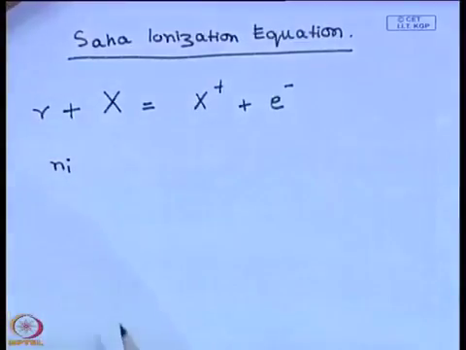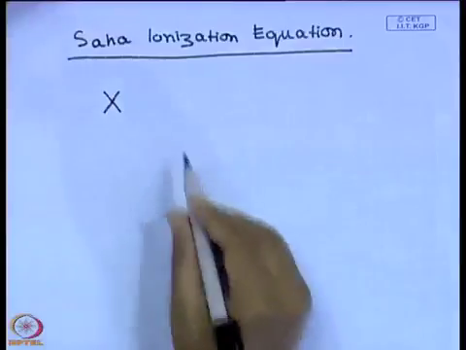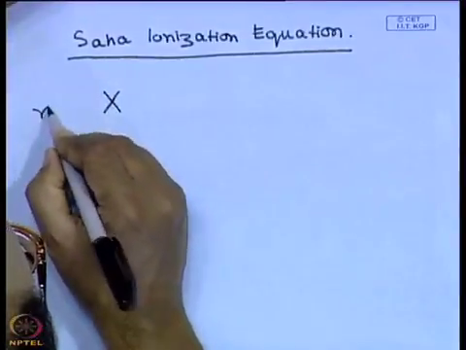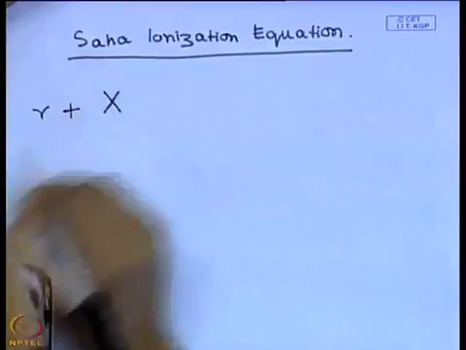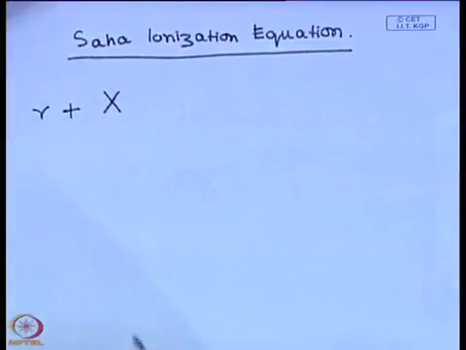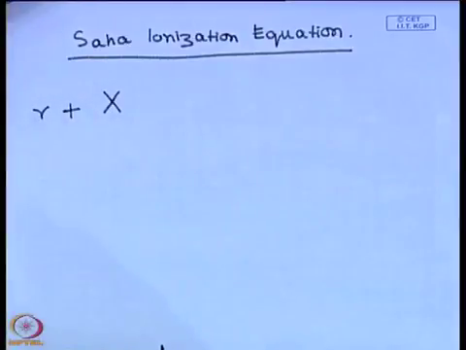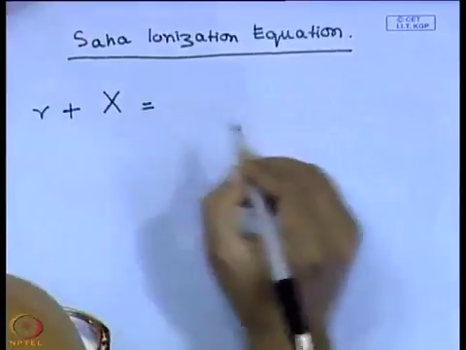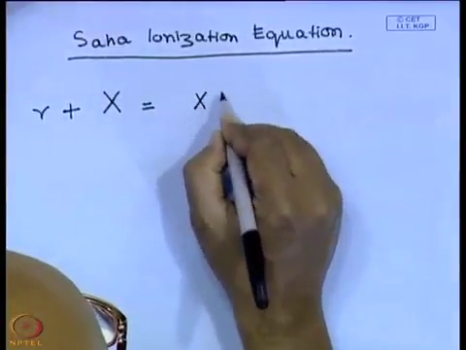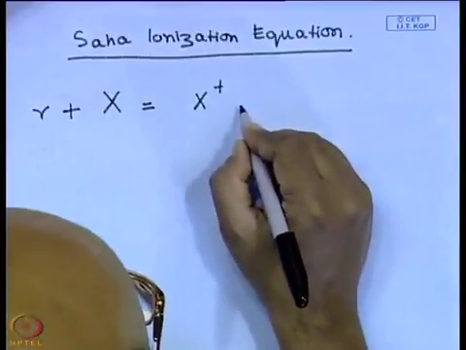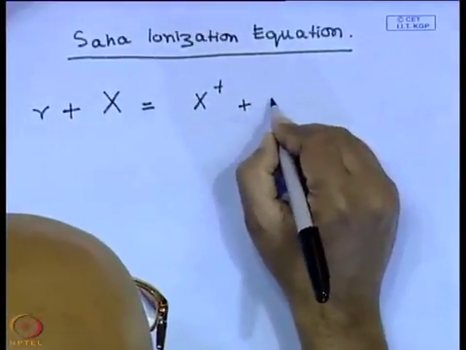In thermal equilibrium, we consider a reaction where this atom interacts with a photon which has sufficient energy to ionize the atom, and as a consequence the atom goes to an ionized state, plus an electron.